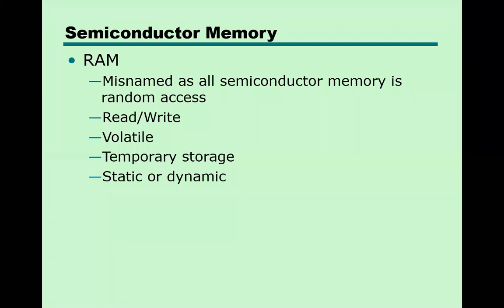That's why it is volatile. It depends upon your power supply. It is not permanent like a hard disk, right? In a hard disk, data will be there even if there is no power supply. So RAM is volatile. That's why it is a temporary storage.